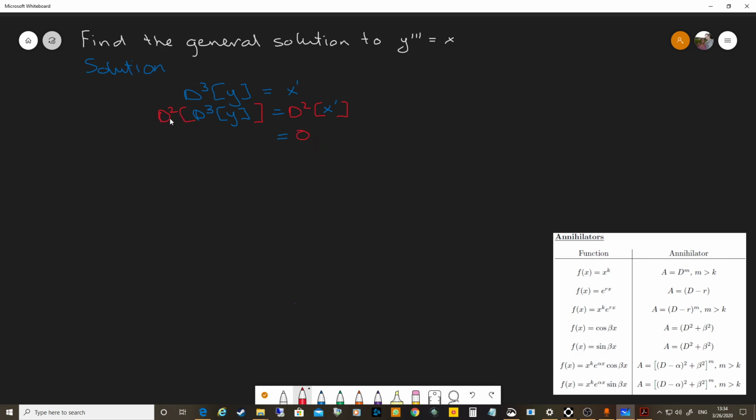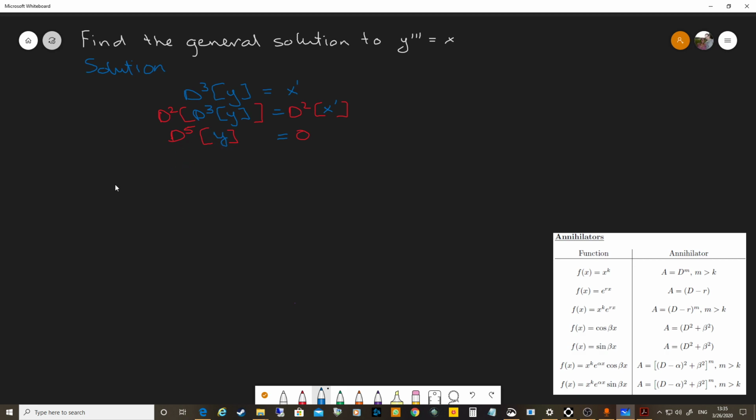And on the left-hand side, D squared and D cubed together become D to the power of 5, the differential operator, applied to y. Okay, and now we have the fifth derivative of y equals 0.